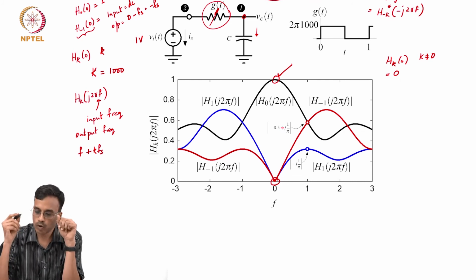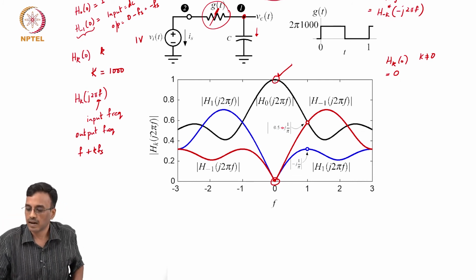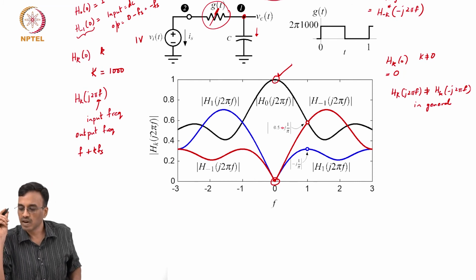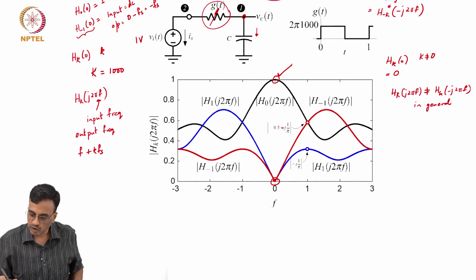Correct? And Hk of j2 pi f is not necessarily equal to Hk of minus j2 pi f. So that basically means that, as you can see here, we've computed something. We'd like to see if this makes sense.